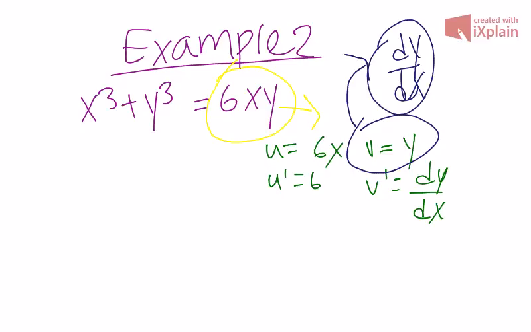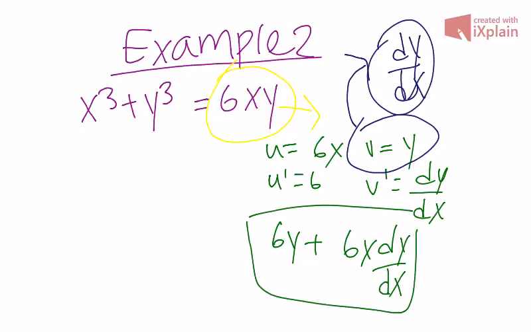Okay, moving on. Now that we have that, we can go ahead and continue with our u substitution, which will become 6y plus 6x dy over dx. So that is our derivative of 6xy.